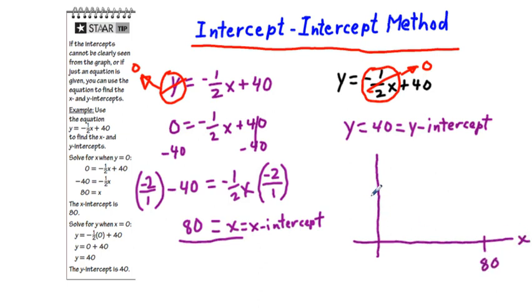Our y-intercept is up here at 40. And so our line is just connecting the points across the intercepts like this. So you can graph using an x and y-intercept. Intercept method, very useful.